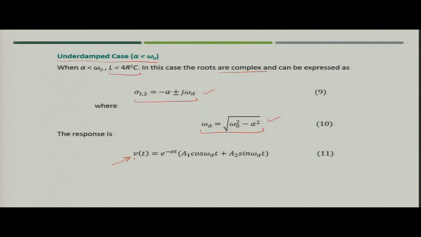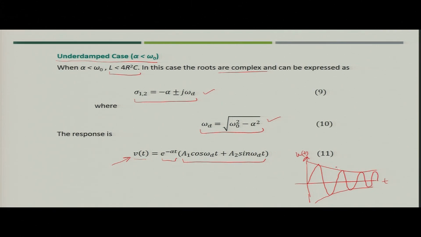In this case also V t would be equal to e to the power minus alpha t, which gives you the exponentially decaying response, times a 1 cos omega d t plus a 2 sin omega d t. So, if you plot voltage V with respect to time t, you will get an oscillatory response and it would be decaying.